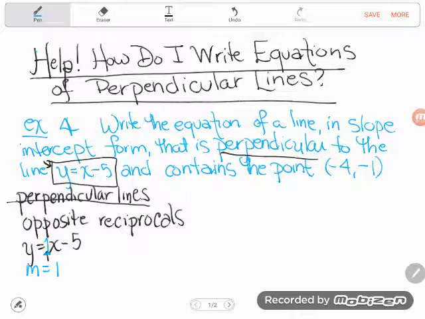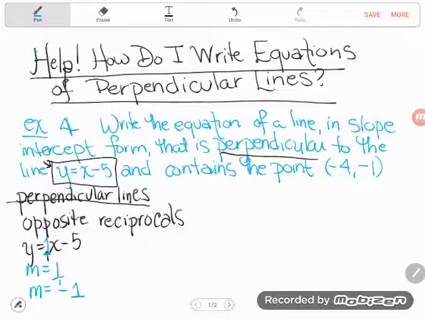But our line is perpendicular, meaning it's going to have the opposite sign, and it's going to be a reciprocal. The interesting thing, and 1 is the only number that behaves this way, is that if you flip 1 upside down, you just get 1 over 1 again. So basically the slope here is just -1. Okay, so we know our line has a slope of -1.